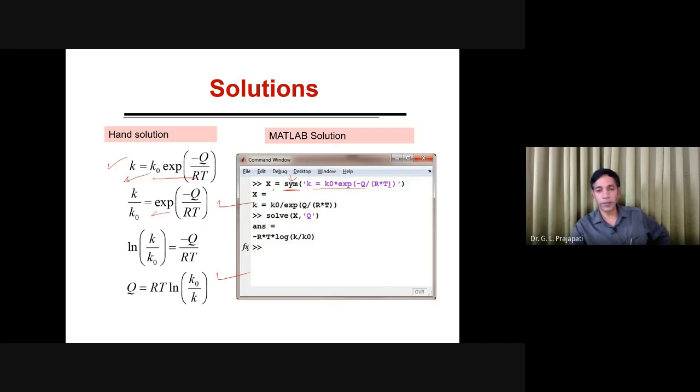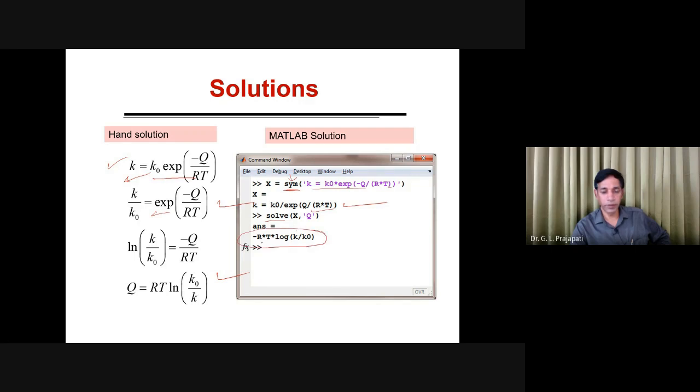Now x is equal to sym, and you have written it in the form of a string, like this. So x becomes like this. Now what you are going to solve: this is the built-in function in MATLAB for symbolic computation, solve. So the expression is x, you are solving the expression x for q, and once you are solving the expression x for q, you get the answer like this.